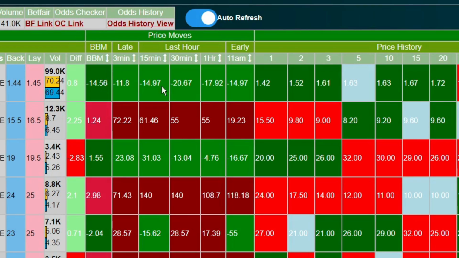For example, something going from 3 to 2.5 is a lot more significant than something going from 200 to 100, as big odds obviously only take up a tiny percentage of the book. So here we can see that the odds-on favourite has a very large best book movement because he is the favourite and there's been a lot of money for him.